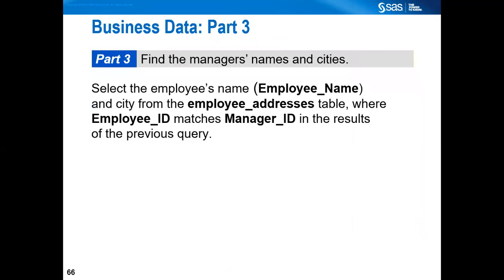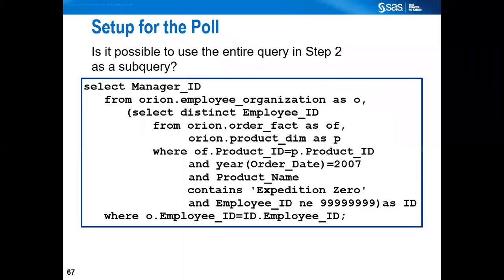Now the third step is you want to find out the manager name matching with its manager ID, or addresses to get its name, address, city. Hence, now the question is: is it possible to use the entire query of step 2 as a subquery? I think we can use that.